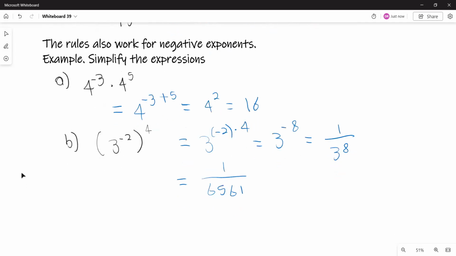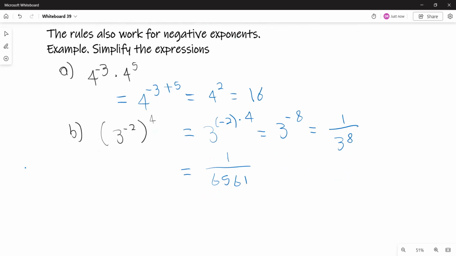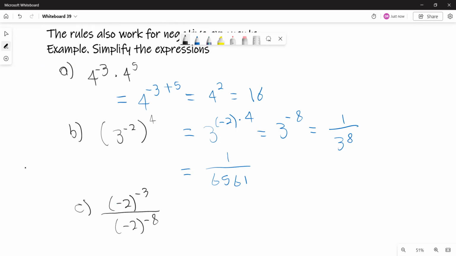C. Negative 2 to the negative 3 over negative 2 to the negative 8. Quotient rule. This is negative 2 to the negative 3 minus negative 8.